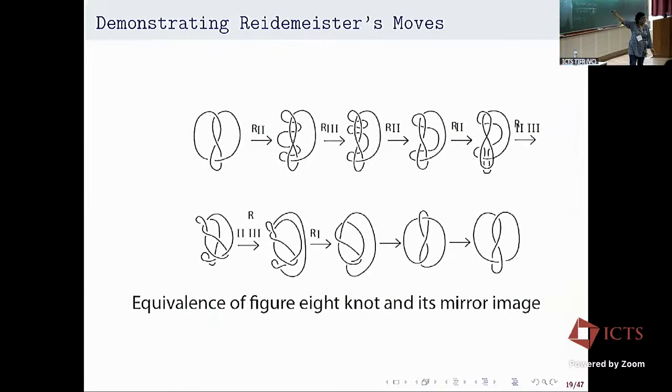At the 9th step, we are able to transform this to its mirror image. So it's a theorem, but how many Reidemeister moves you need is again a question. How do you transform one diagram to the other, it's not that easy.